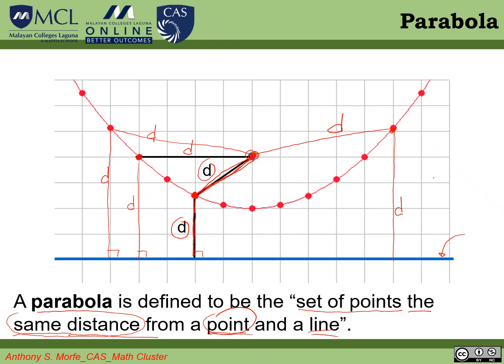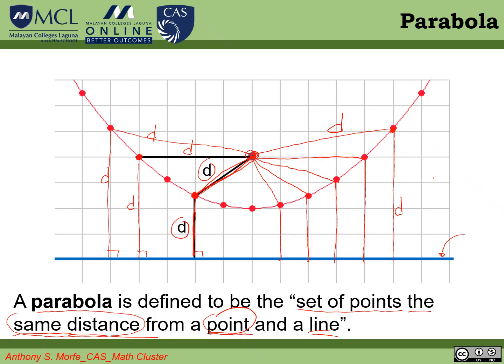So that is the concept of parabola, class. Or if you take this distance, this is equal to this distance. If you take this distance, you measure that one, that is the same distance. So when you connect the points, class, you will create this graph, which is a parabola.